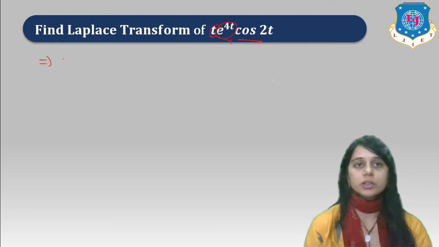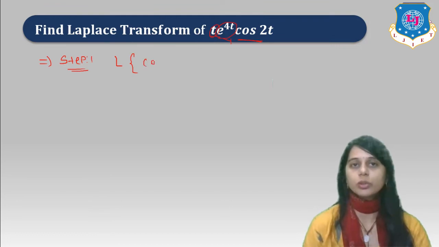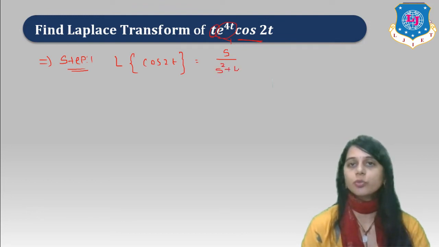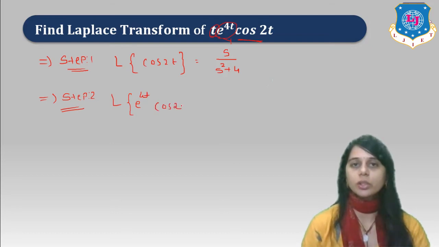The order is, first, step 1, find the Laplace of cos 2t. What is the Laplace of cos 2t? We say that the Laplace of cos 2t is s upon s square plus 4. Step 2, Laplace of e raised to 4t cos 2t.